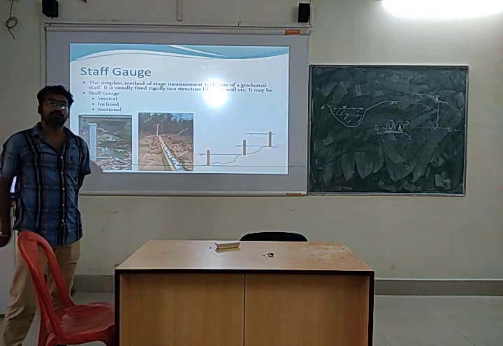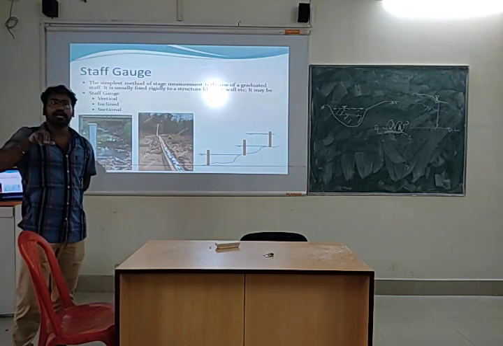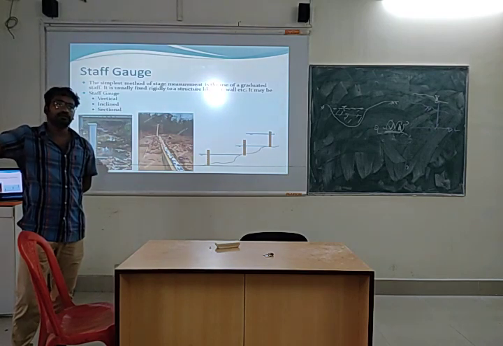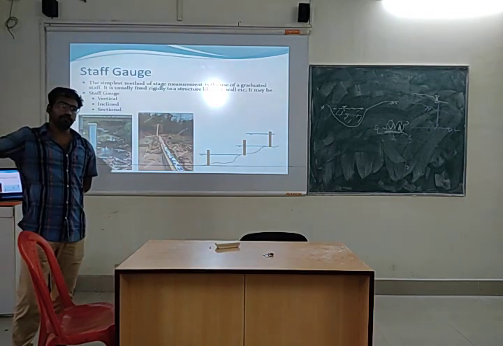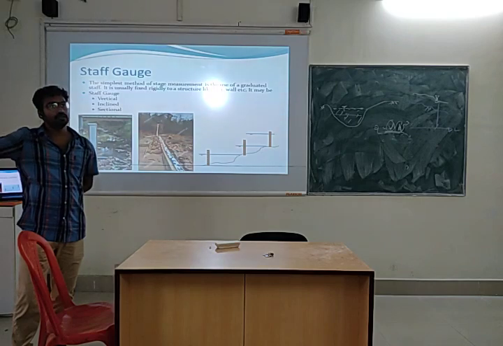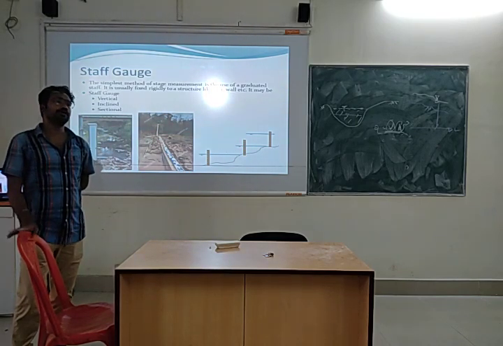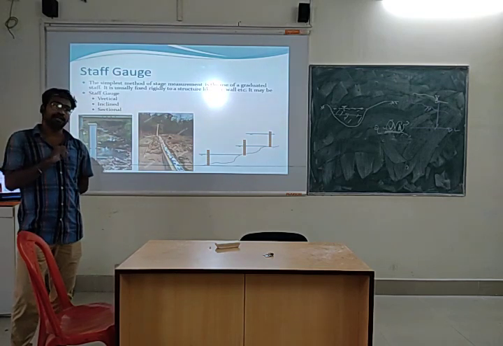Various marks will be done. Graduated scale will be there, and obviously the water level will be connected to the stream directly, and the water level will be equal to the water level of the stream, right? So from there you can directly find out this one, but you have to go there and see and note it down.